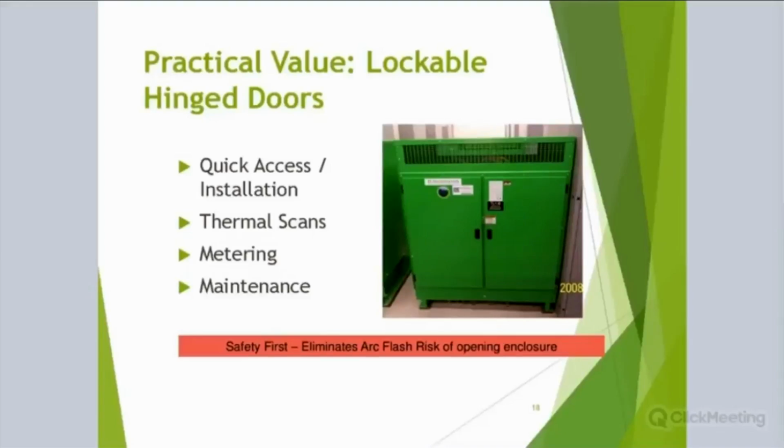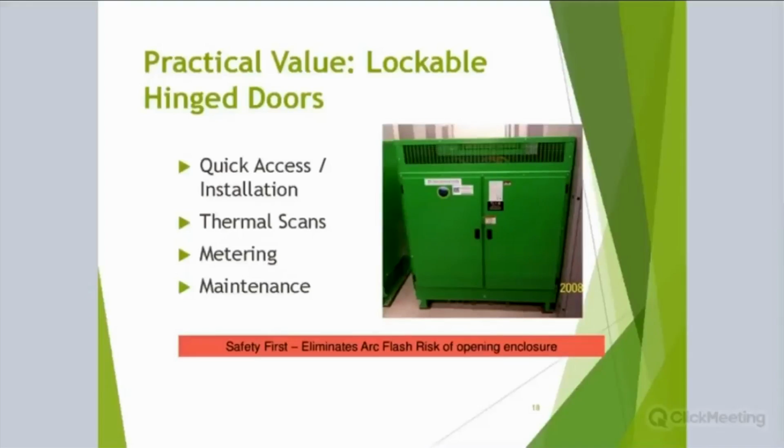In this case, there's no extra tools required. You can lock doors. Some provide lockable doors, some just have hinged doors, but you can open the door, see what you need to see, thermally scan it, whatever you're doing, close the door, go to the next one.